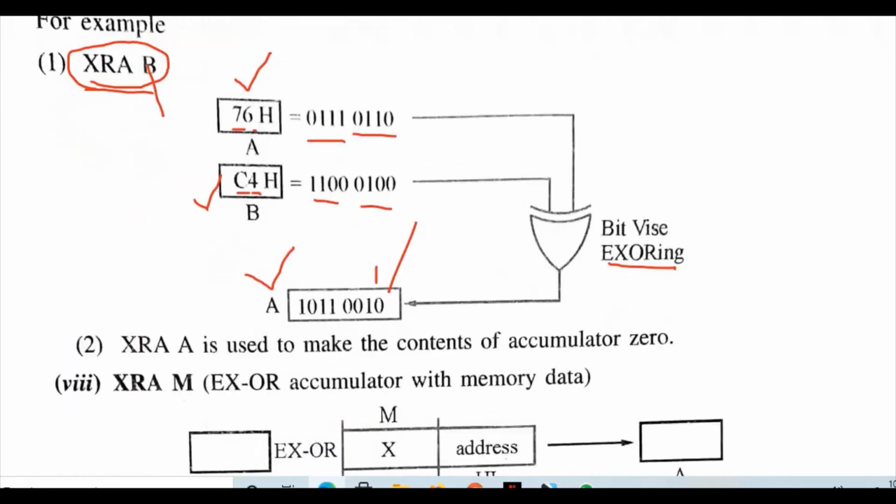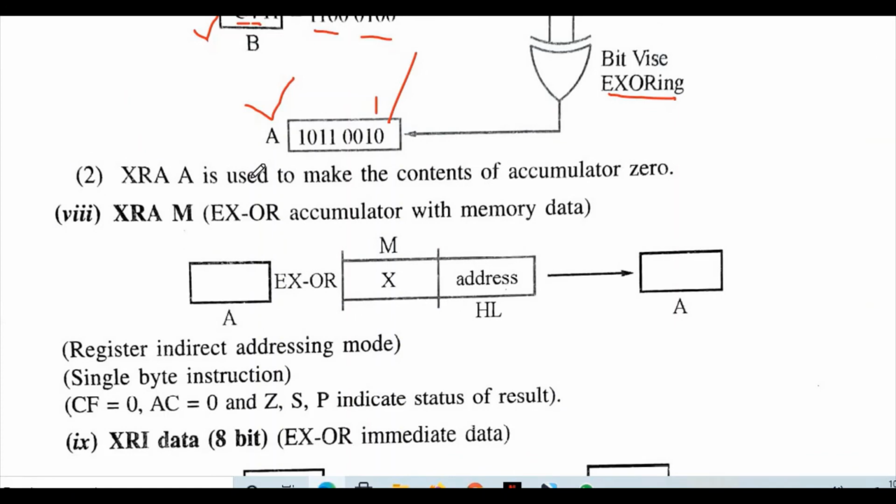Next is XRA M. Exclusive OR the contents of the accumulator with the memory data. In this instruction, the microprocessor will take the first content from the accumulator, and the second content will be from memory. Again, the address stored in the HL pair is treated as memory in 8085.